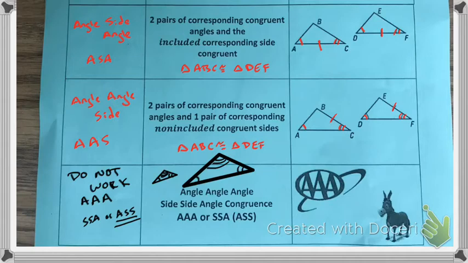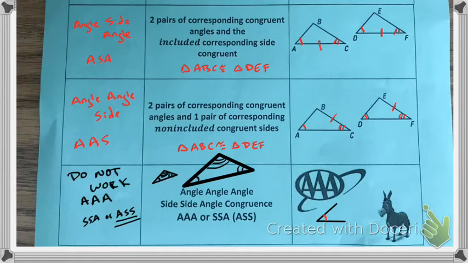Okay, so let's say we have a triangle where we're doing ASS. And let's say that we're looking at this angle right here. Now, the thing about this is the side opposite it, I could make it go right there, or I can make it go right there.